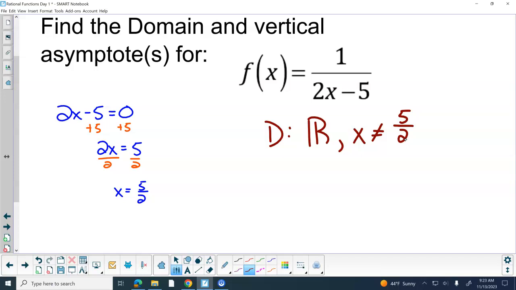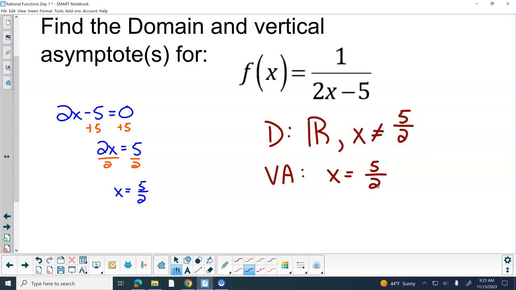That's our vertical asymptote. And so we're going to label that VA. We're going to have VAs, HAs, and SAs in this unit. Okay? But we're going to always start with just a VA. So notice, what you solved for, that's your vertical asymptotes.